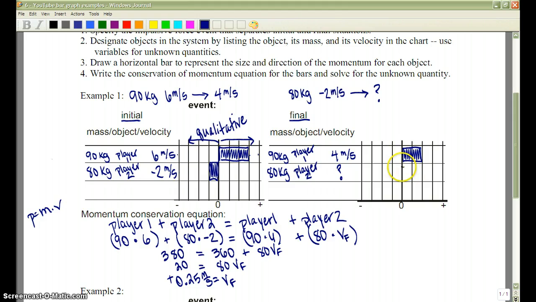So that means player number 1 hit player number 2 with enough force to make him change direction and actually gave him a little bit of a velocity. So it changed his velocity, changed his momentum. He was negative. Now he's a positive 0.25. So that's how we would use these bar graphs then to help us solve pictorially our problems.